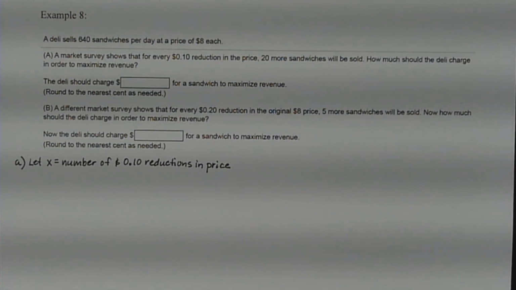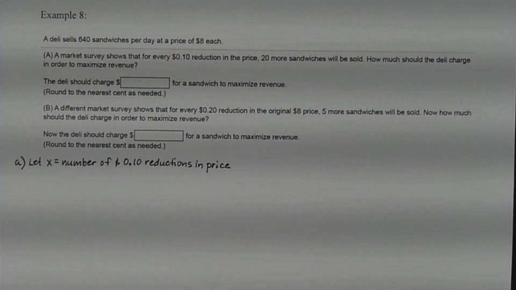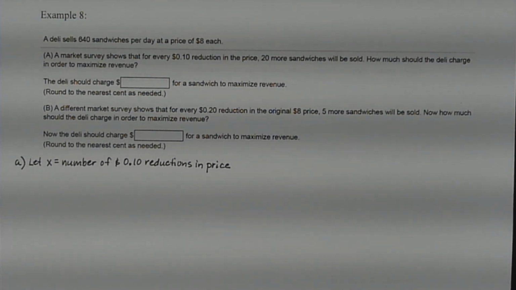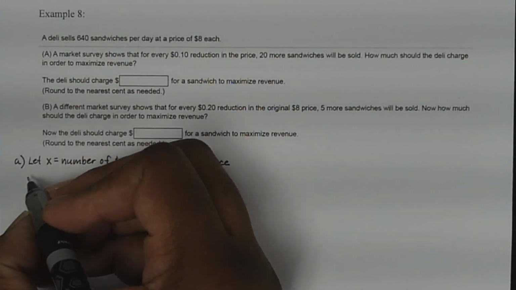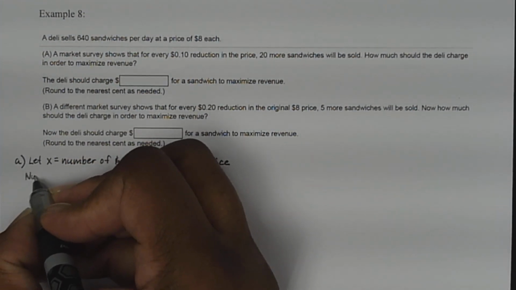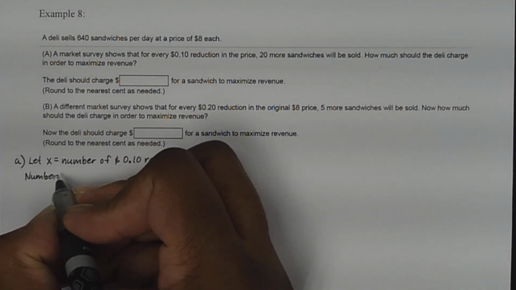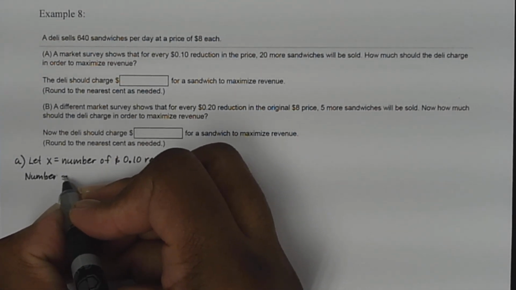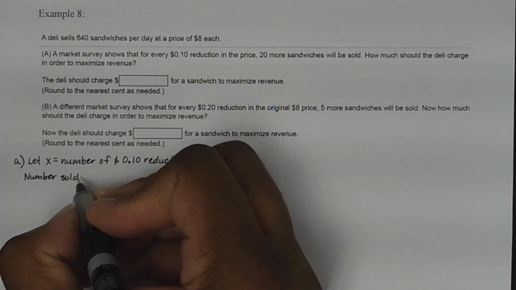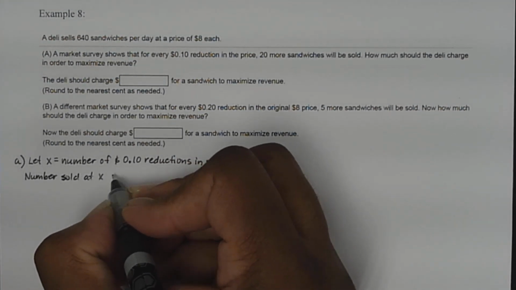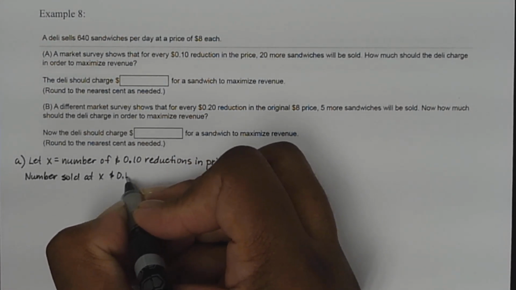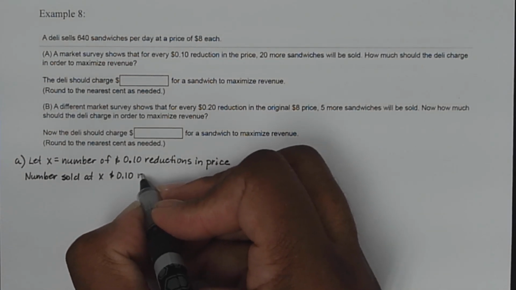All right, now it said the deli sells 640 sandwiches per day at a price of $8. All right, let's deal with the number of sandwiches sold at X times the number of 10-cent reductions.